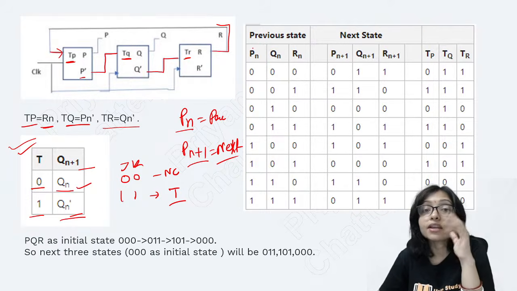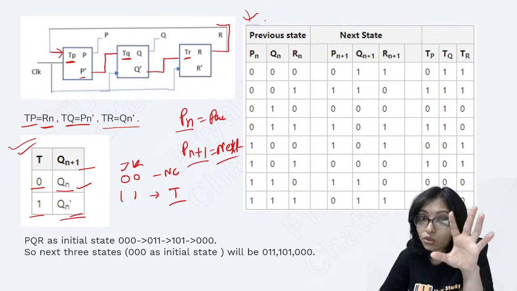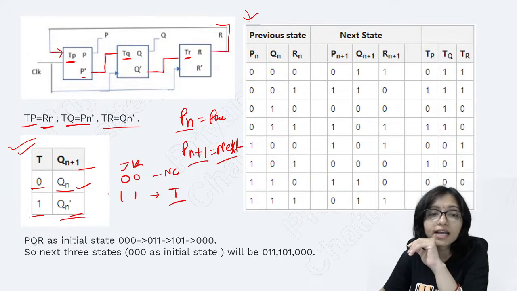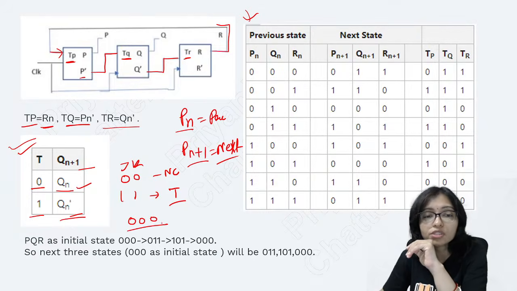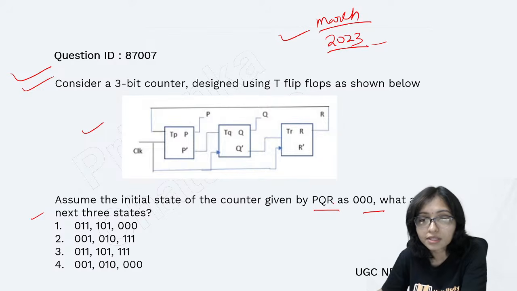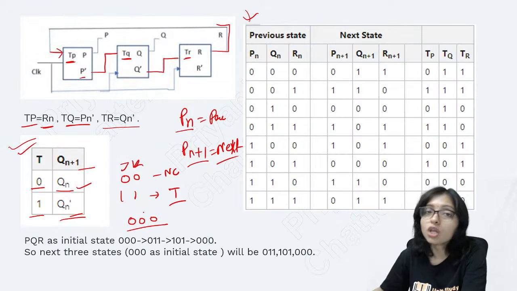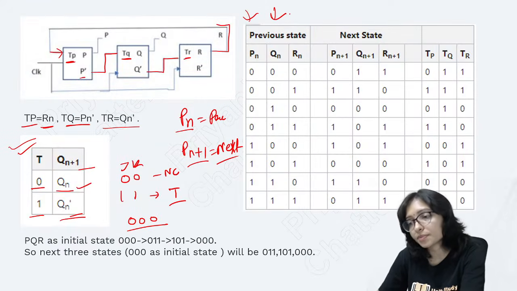Now here we will do this table. How to do this table? Check it. In the question it was given that the initial state is 0 0 0. What are the next 3 states? Always create a truth table.